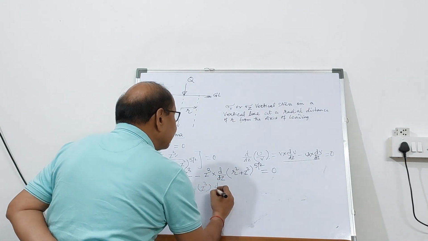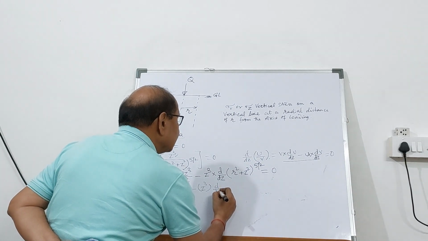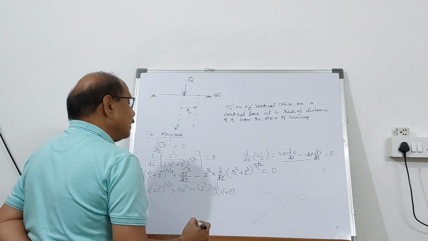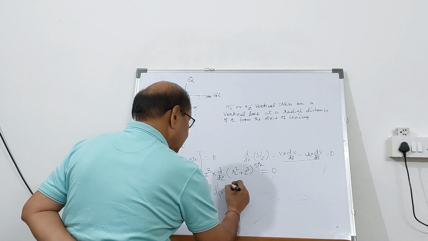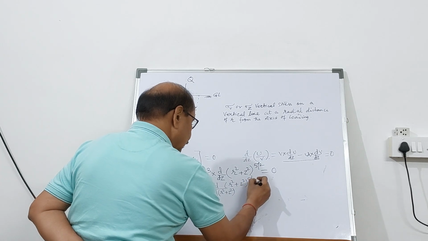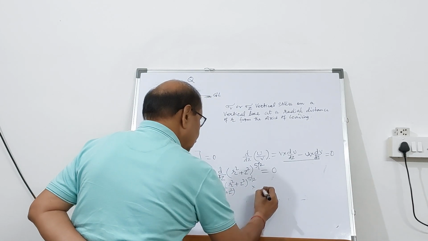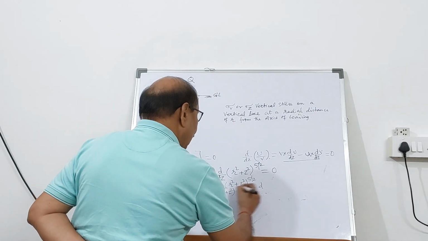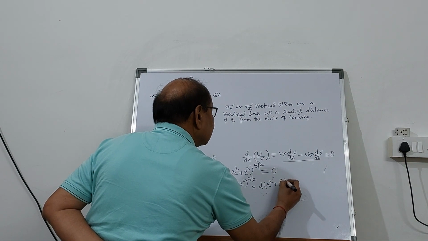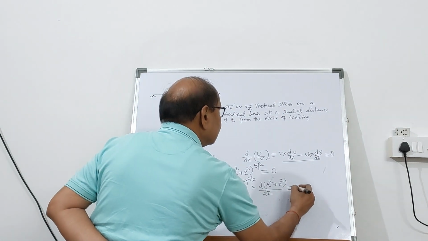Now this can be written as d by dz of this term r square plus z square to the power 5 by 2 into d of (r square plus z square) divided by dz must be.